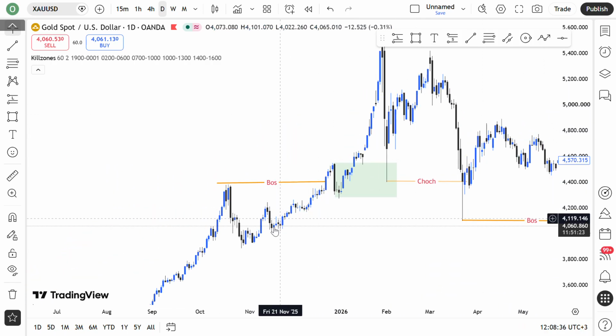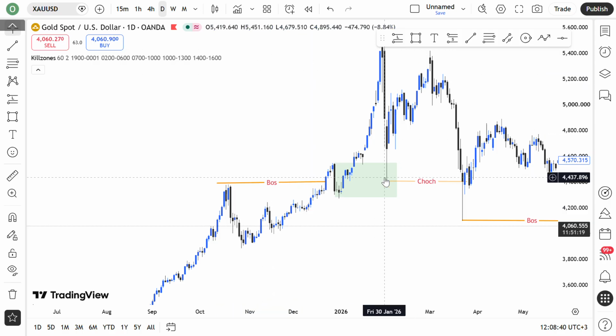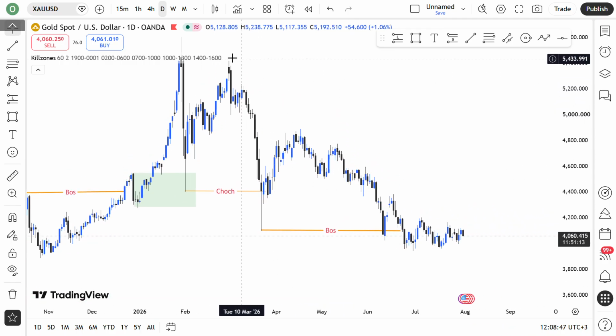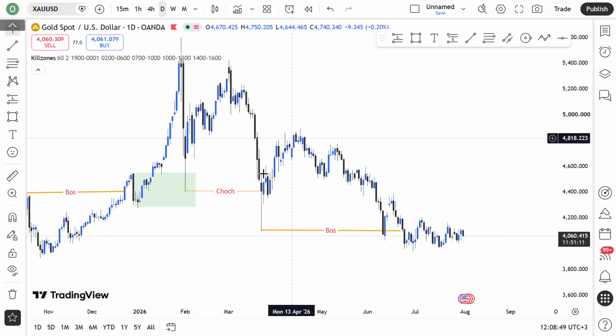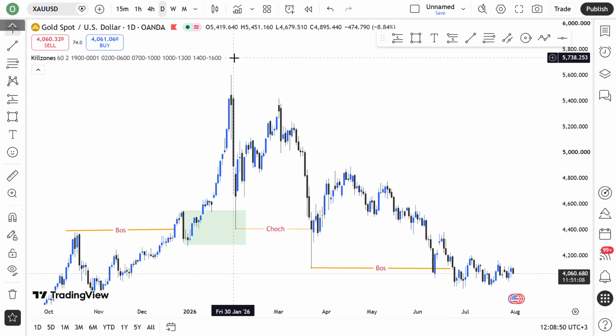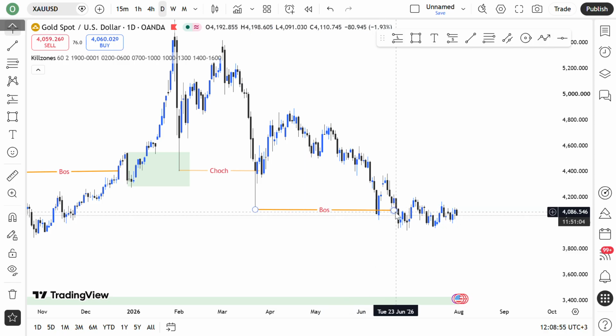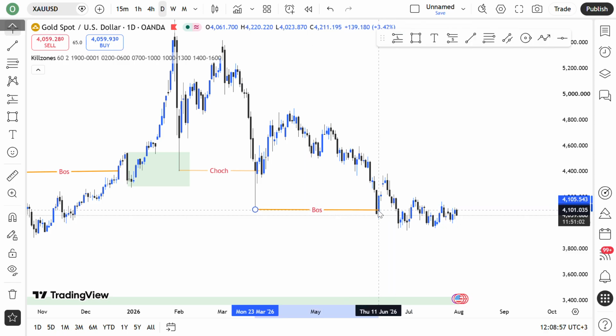So you can see clearly that's why we marked this recent break of structure, price coming in, mitigating this order block, and after this change of character came in, that's why we are going to see this retracement coming in. So on a daily time frame, we are going to concentrate on this, and now we are going to see this recent break of structure that we marked from the weekly time frame.